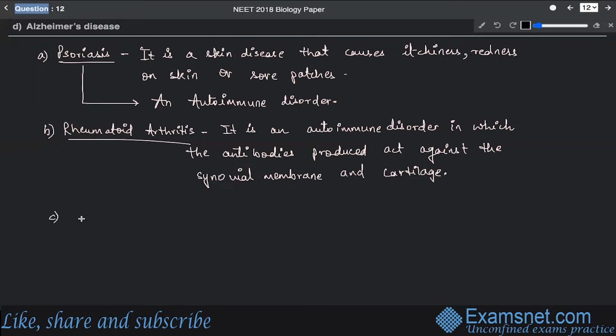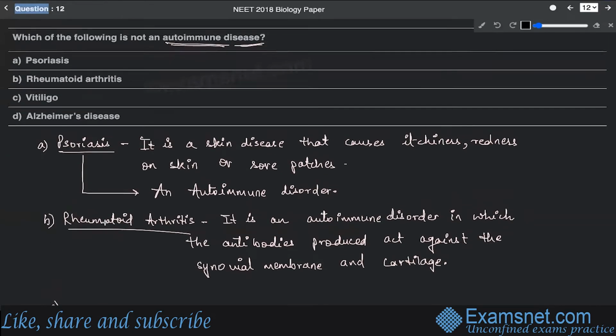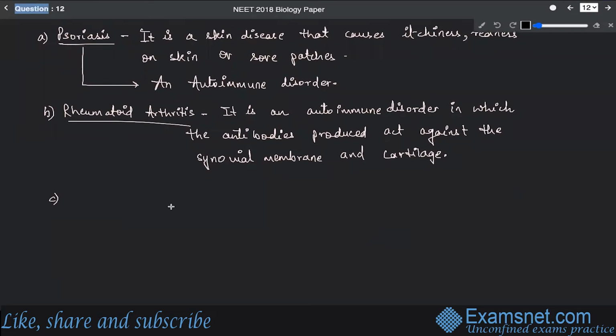Now the third option that has been given is vitiligo. All right. Now vitiligo is responsible for causing white patches on the skin. All right. So this is also a skin disease that results in white patches on the skin.